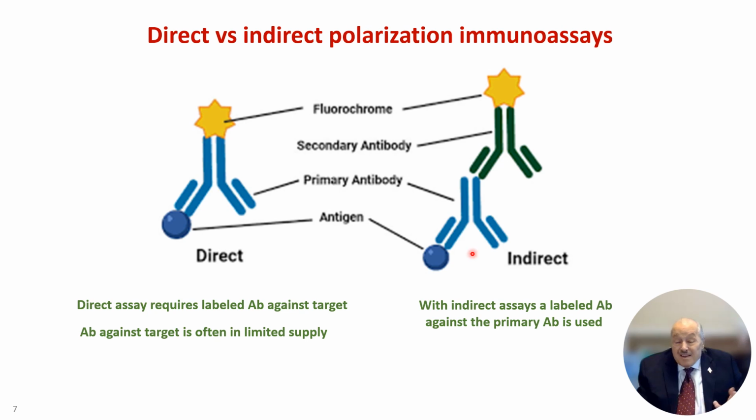So instead of losing more of our antibody, we use it unlabeled and then use a secondary antibody, which is directed against the heavy chains, and these are widely available, almost any heavy chain you choose. So we would call this an indirect immunoassay, but very convenient in terms of losing less of your primary antibody.